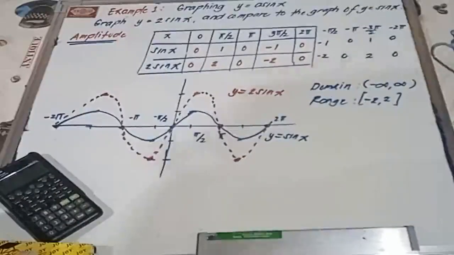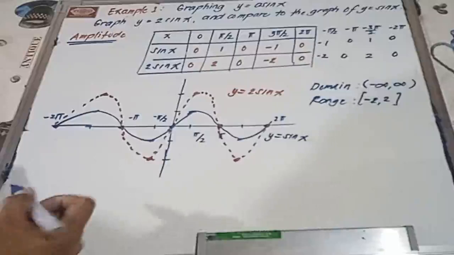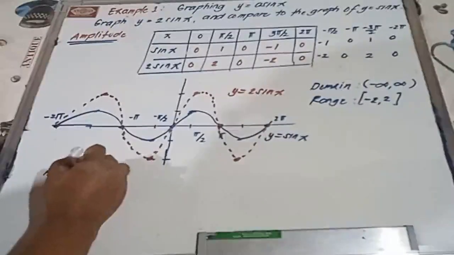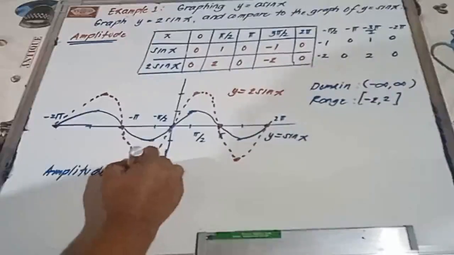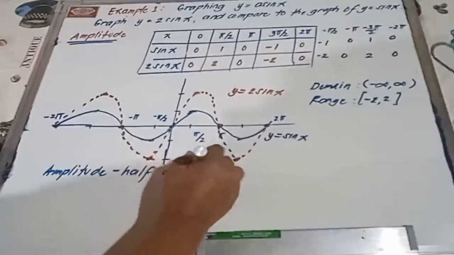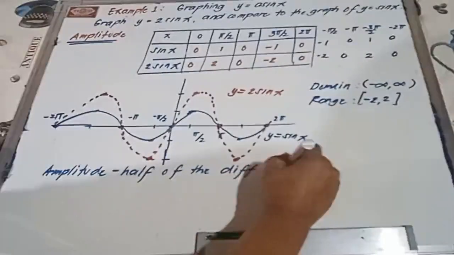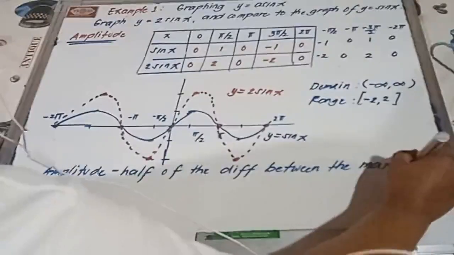What else? The amplitude. What is the amplitude? The amplitude, for a periodic function, is half the difference between the maximum and minimum values. So if we take the amplitude of this, it is just the difference of the maximum and minimum.